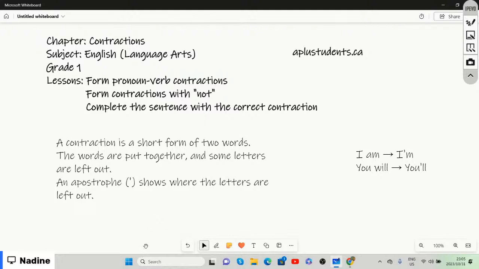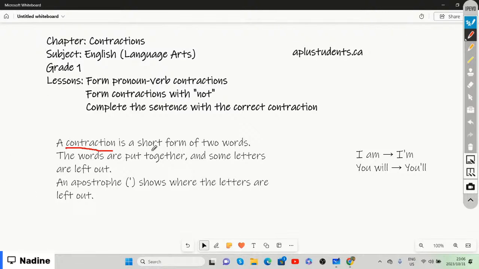All right, so contraction. A contraction is a short form of two words, right?